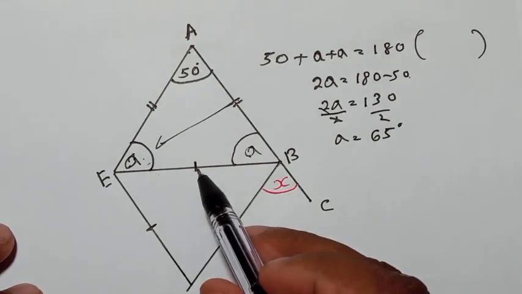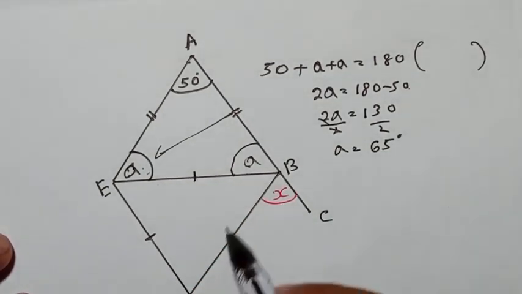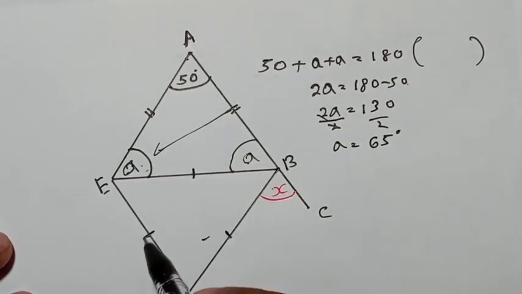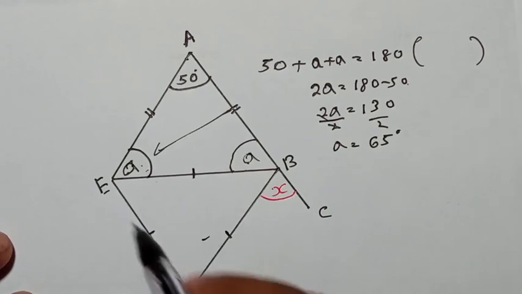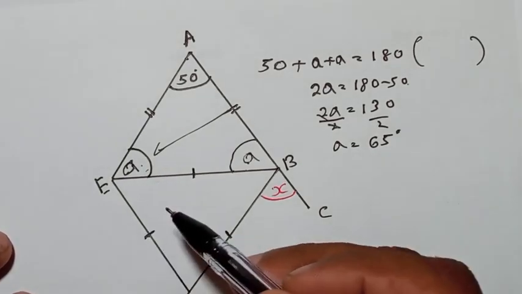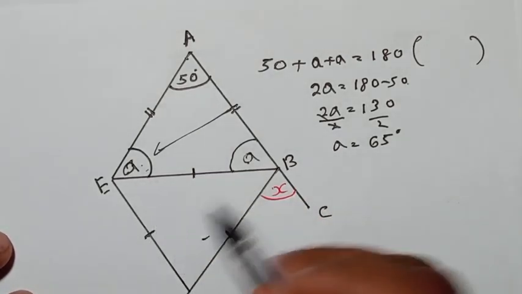Now when you look at the triangle below, you can see they put one dash here and one dash here also. That means this triangle is an equilateral triangle, all three sides equal. We learned that in an equilateral triangle, all angles are equal.